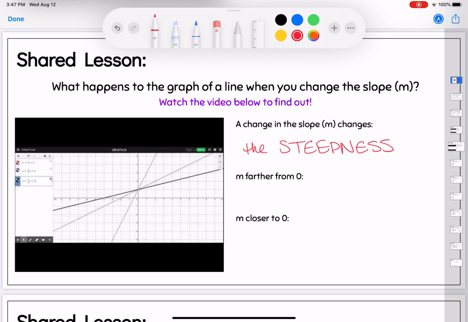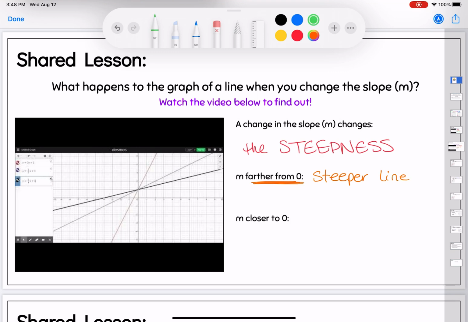It depends if you have a positive or a negative slope. But the easiest way to describe it says that if you have a slope that's farther away from 0, that means that you have a steeper line. m farther from 0 means you get a steeper line. You get a steeper line the farther away from 0 the slope is.